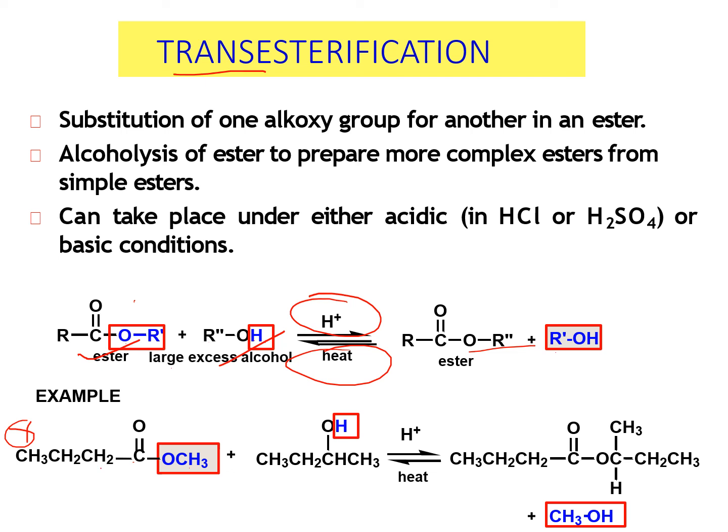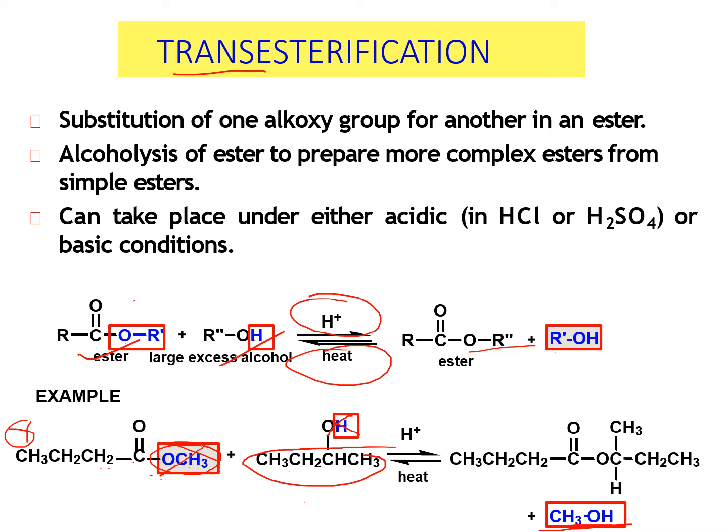Now you have methyl butanoate reacting with 2-butanol. The methyl at the methyl side will be eliminated and combined with the hydrogen from the alcohol. So it will become methanol.